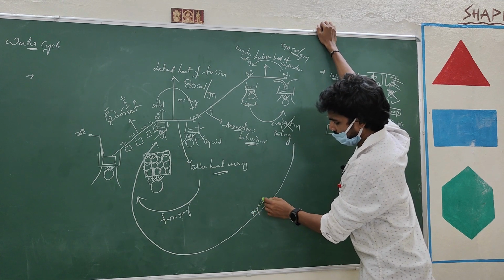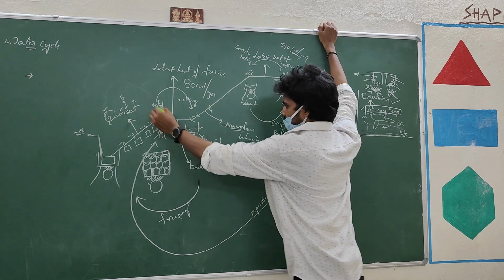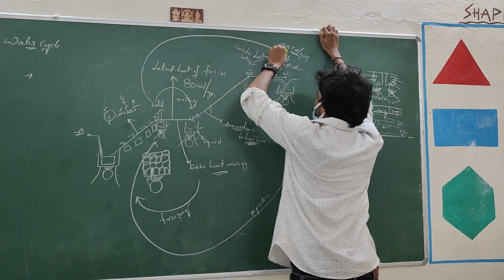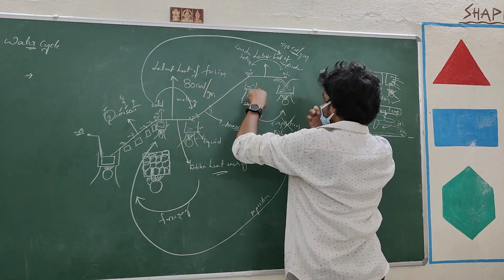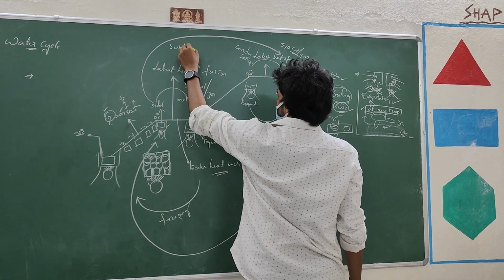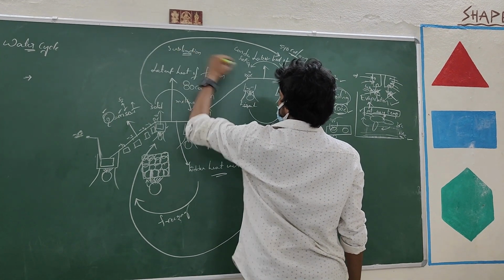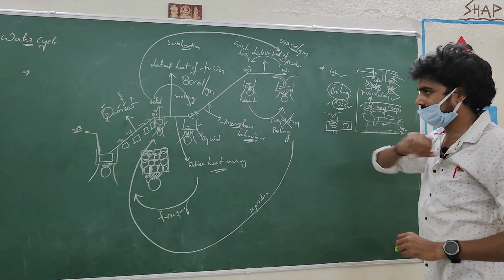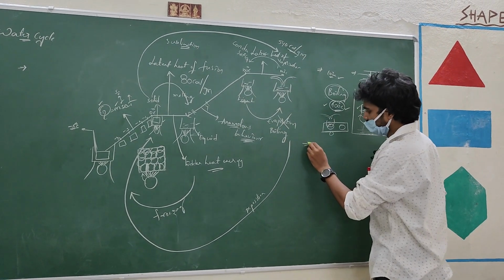What do we call it? Deposition. On the other hand, sometimes a solid directly converts to gaseous state without touching the liquid state, and we'll call that sublimation. What do we call it? Sublimation, right?